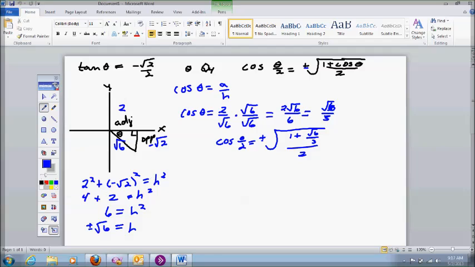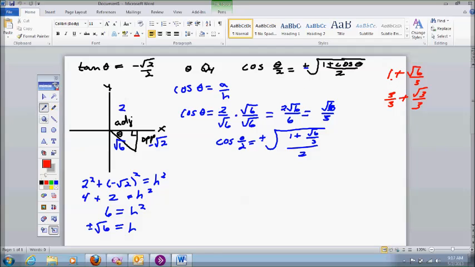Looking at the numerator, 1 plus root 6 over 3 becomes 3 over 3 plus root 6 over 3, because I need to have a common denominator, so I make one a fraction with a denominator of 3, so it's 3 over 3.